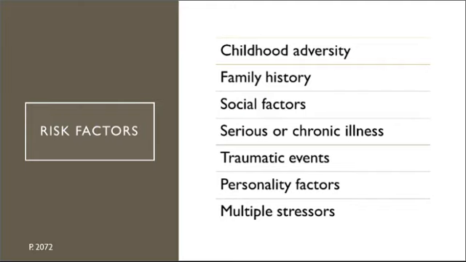Family history of anxiety disorders puts them greatly at risk. Social factors such as lack of social connectedness, serious or chronic illness, traumatic events, personality factors such as shyness or worrying put them more at risk. Multiple stressors such as chronic illness, concern with loss of employment.